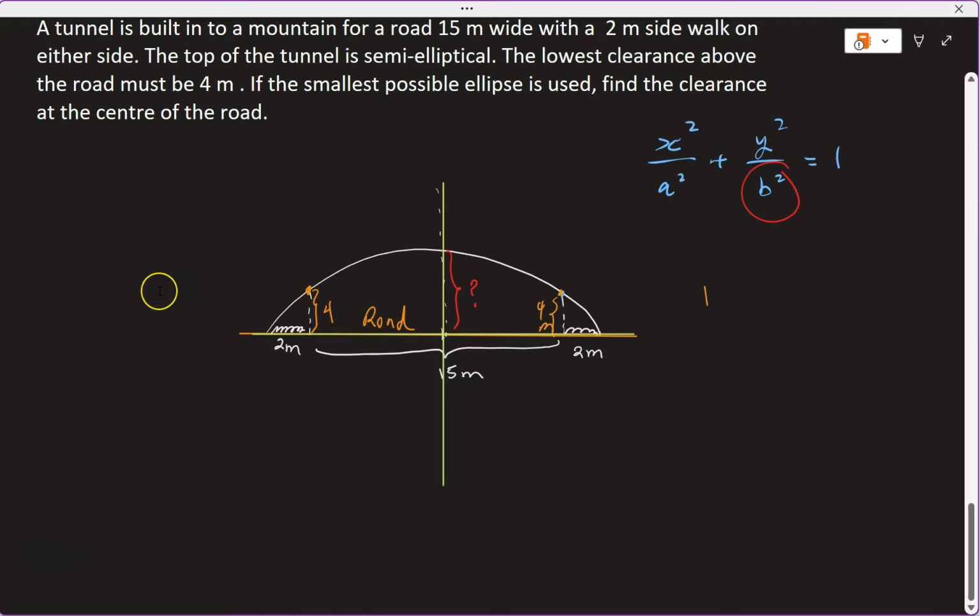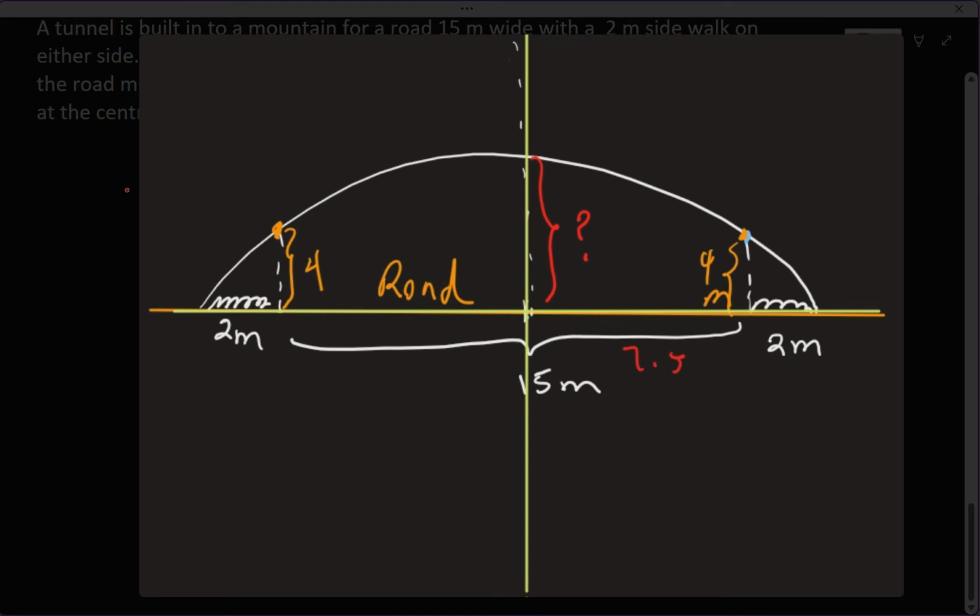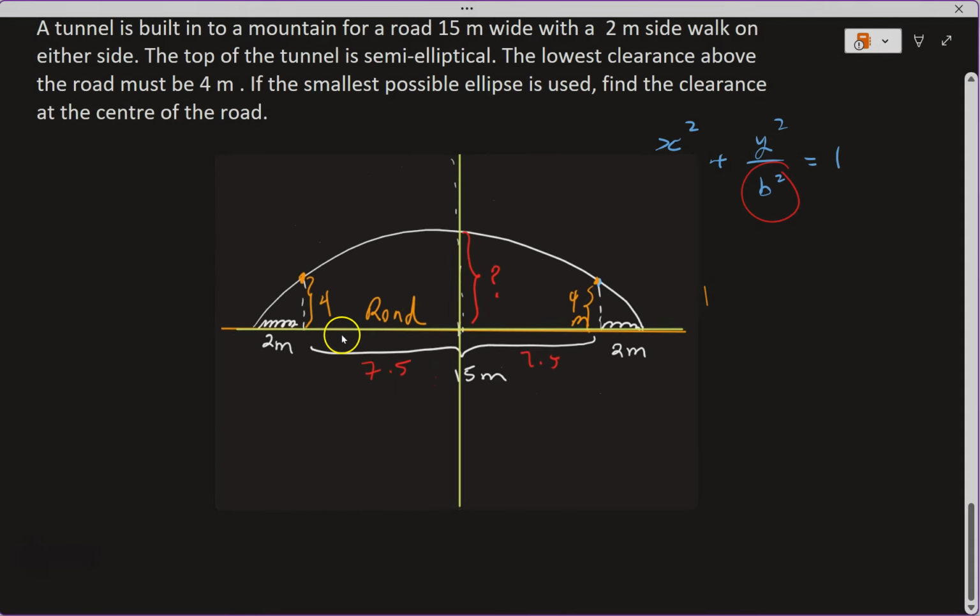So let's figure out what coordinates we can use. What are the things that we do have? Well, we have a few things. First of all, we know that this is symmetric. That means this part right here is 7.5, and this part is 7.5. The entire thing is 15 meters. That's the road.